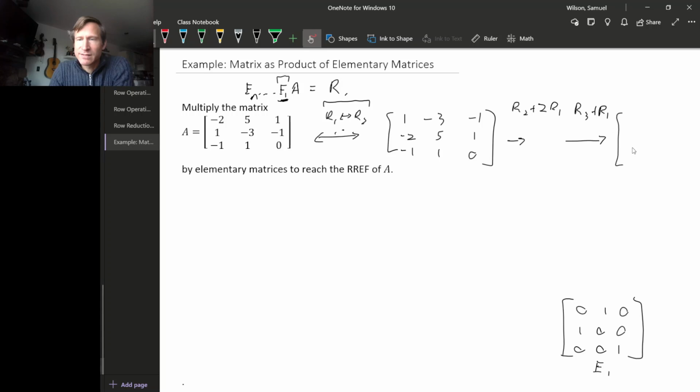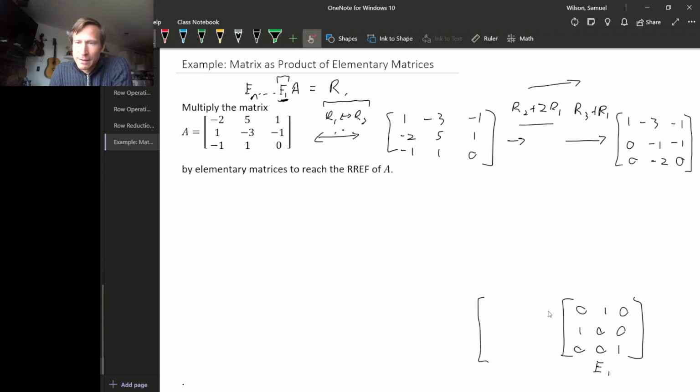Okay, so that's going to give us 1, minus 3, minus 1, 0, minus 1, minus 1, and then 0, minus 2, 0. Okay, and what are the elementary matrices? Remember, the elementary matrices stack up leftwards in the order opposite that these are going rightwards. So we start with this one.